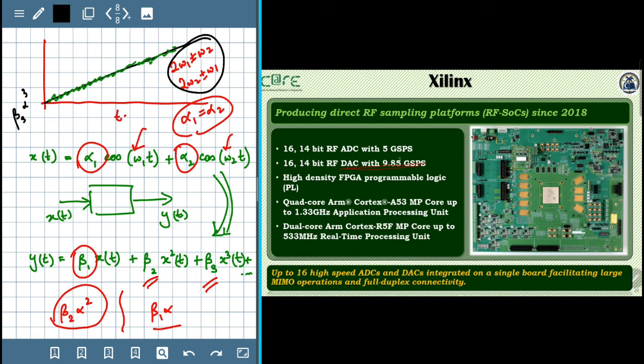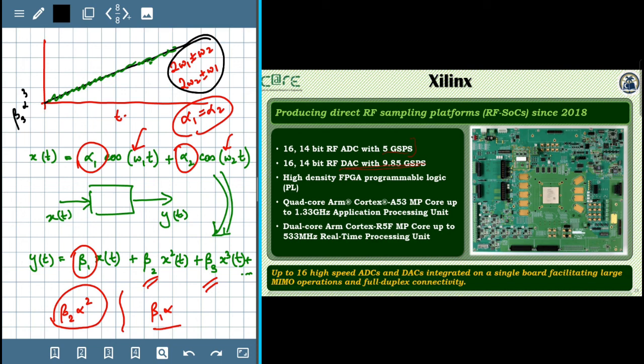Similarly, at the ADCs, with the sampling rate so high, we can safely process the signals not only according to the Nyquist sampling criteria, but also for those signals which have carrier frequencies like 12 gigahertz or so, provided their bandwidth is not excessively large. So for all practical purposes, such RF SoCs by Xilinx can safely process signals in multiples of gigahertz.